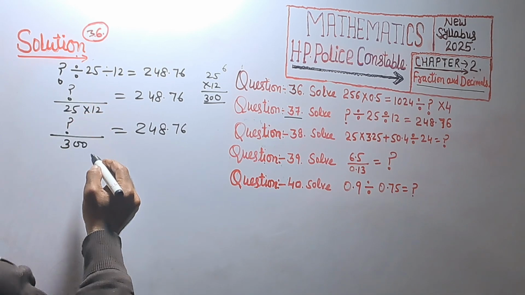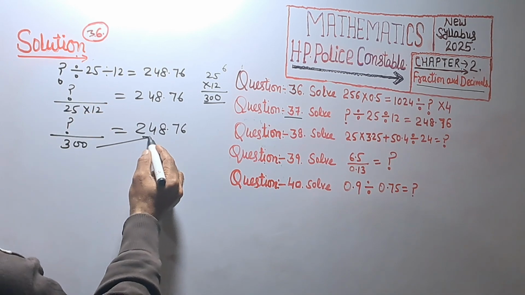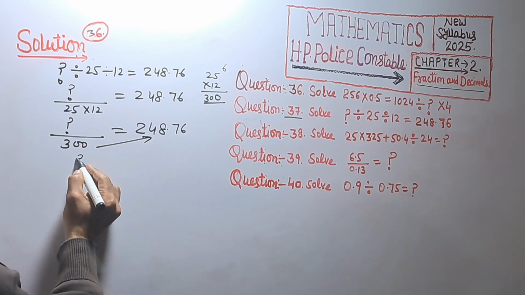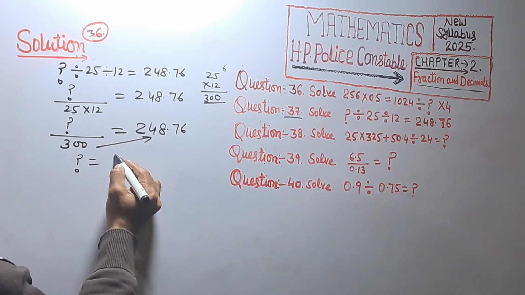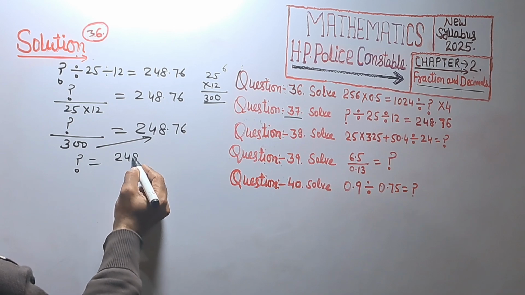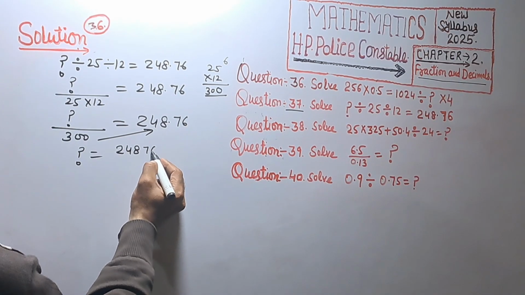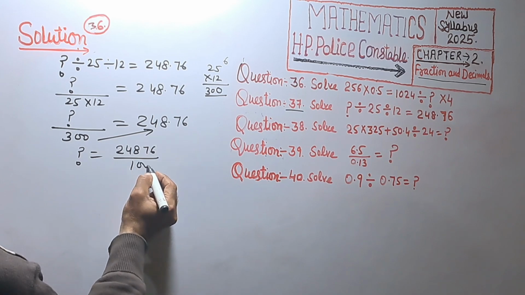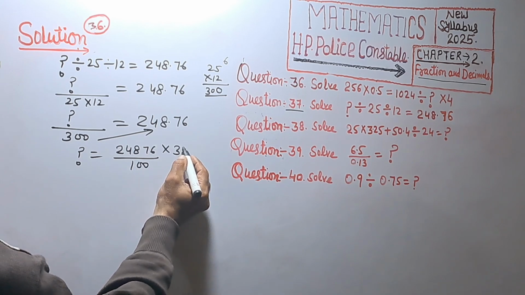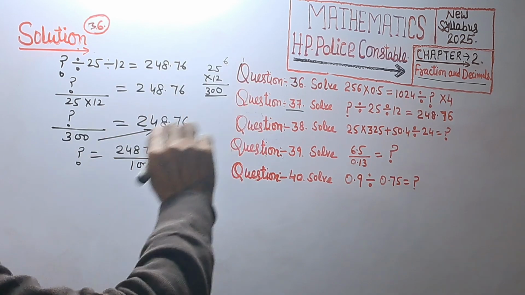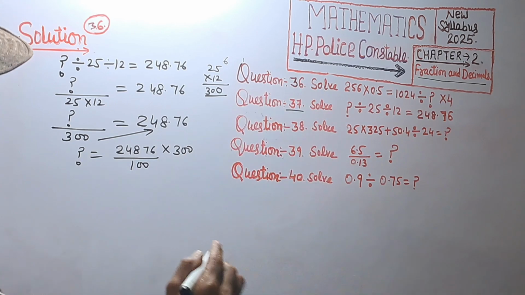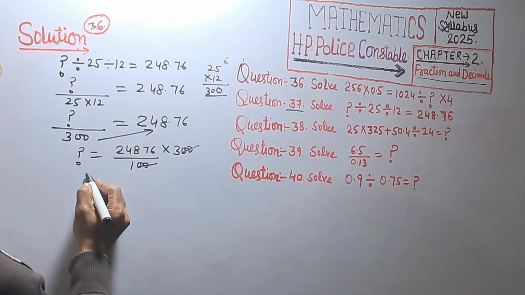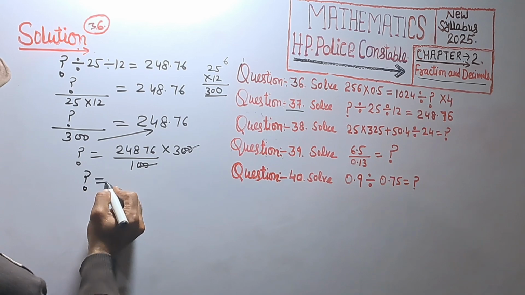Multiplication of 25 and 12 is 300, and 300 multiplied by right side, so sign of interrogation is equal to 248 point will be 1 and 7 6 is 20 into 300. 300 multiplied by right hand side, so 0 0, this is cancel.